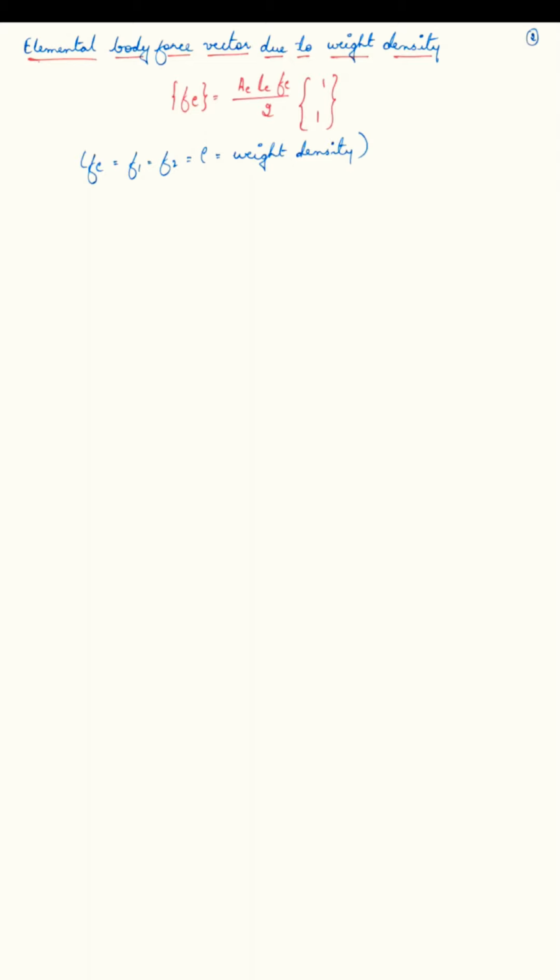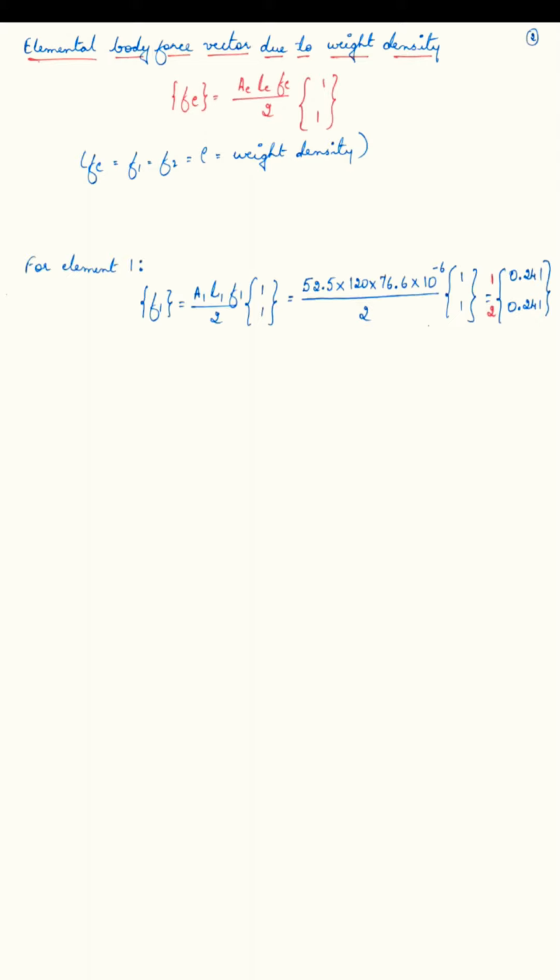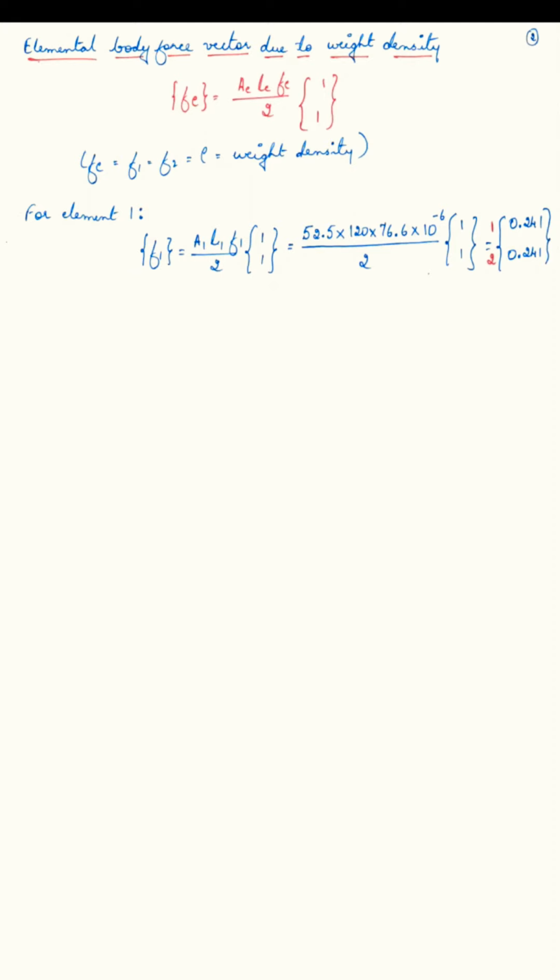So how do you calculate the body force? It is given by the formula F suffix e equals A_e L_e rho_e by 2, where A denotes the cross sectional area, L denotes the length and rho denotes the weight density of the element e, divided by 2, multiplied by the vector 1 1. For element 1, F1 equals A1 L1 rho 1 by 2 times the vector 1 1.